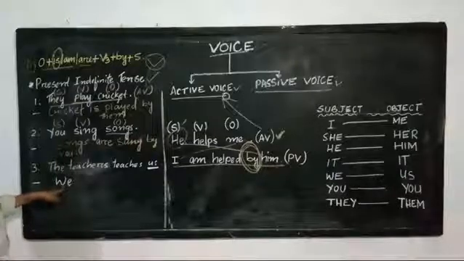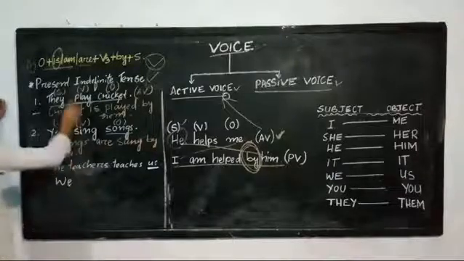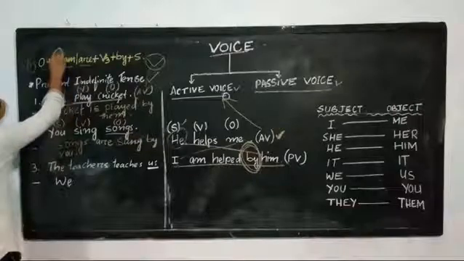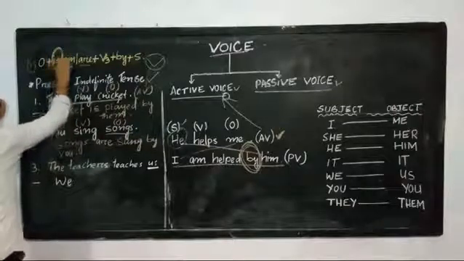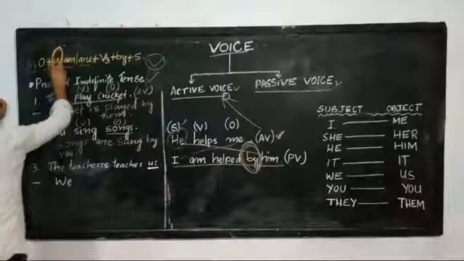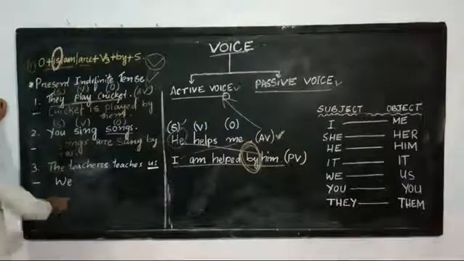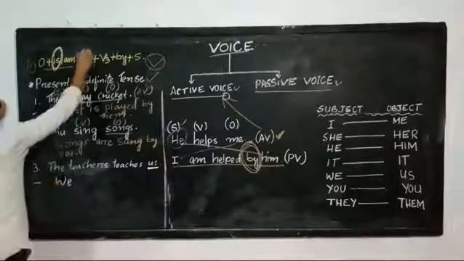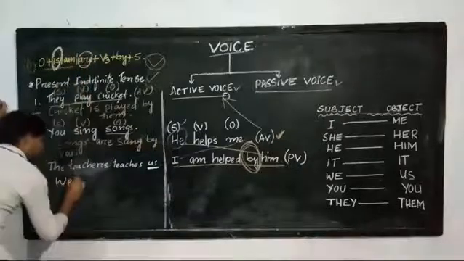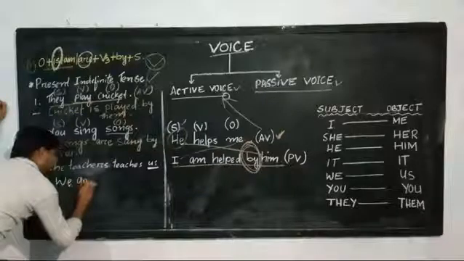This is plural. So is or are? If the subject is singular, then is, am. If the subject is plural, and this is plural, what will we write? Are. Always remember this. We are.